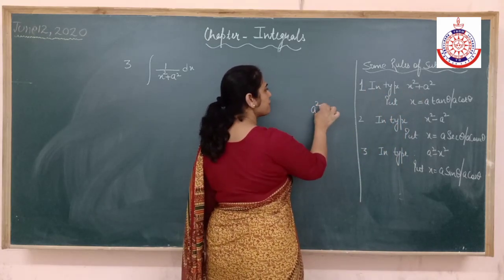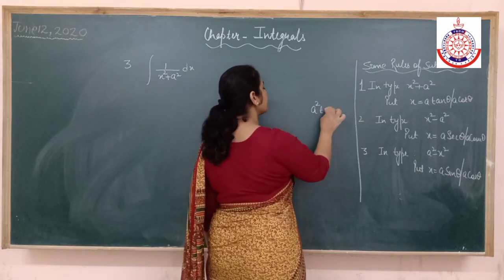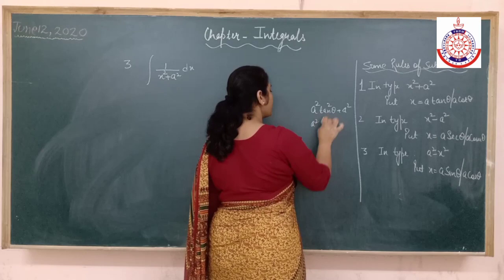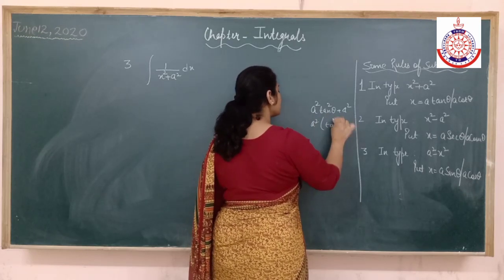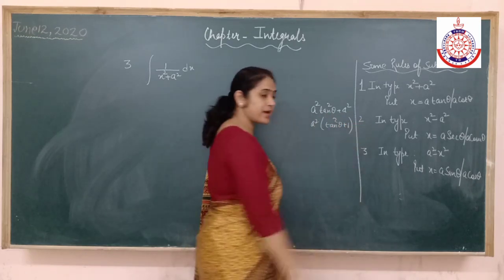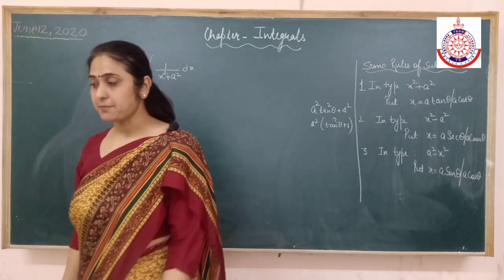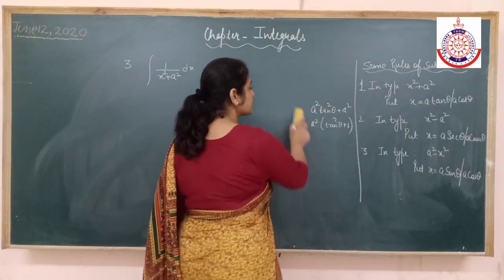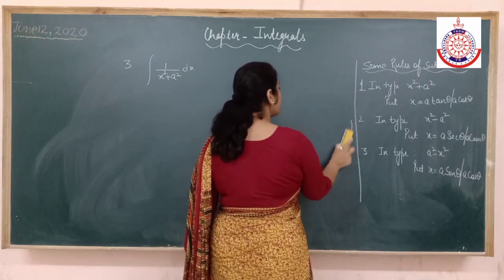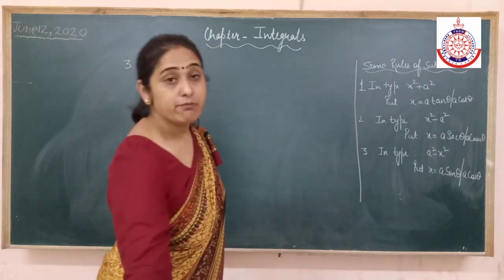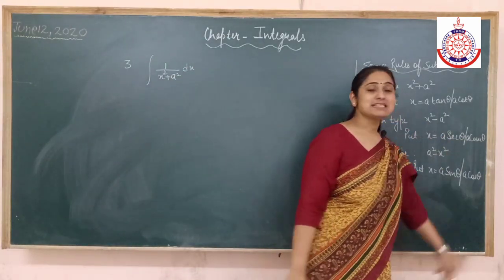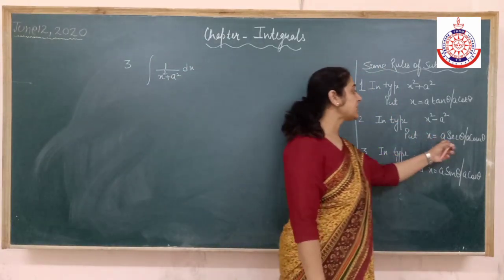In place of x, if I put a tan theta, it will become a square tan square theta plus a square, common. So it will be tan square theta plus 1, and that is secant square theta. Just a simple identity. So just to make the question easier, these substitutions will be helpful to us. And if the question has the form x square minus a square, the preference is a secant theta.